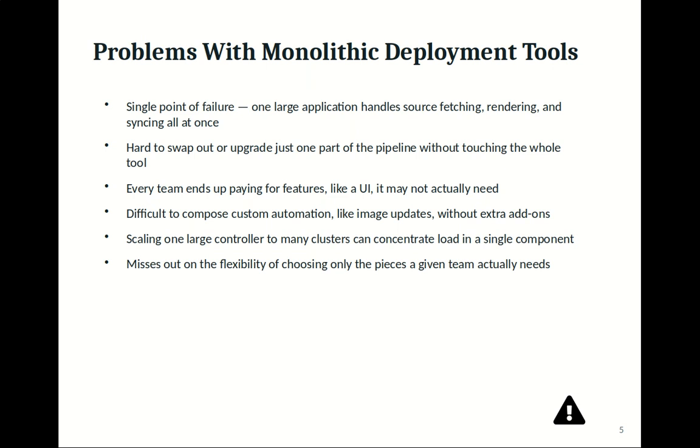Difficult to compose custom automation like image updates without extra add-ons. Scaling one large controller: many clusters can concentrate load in a single component. It misses out on the flexibility of choosing only the pieces a given team actually needs.